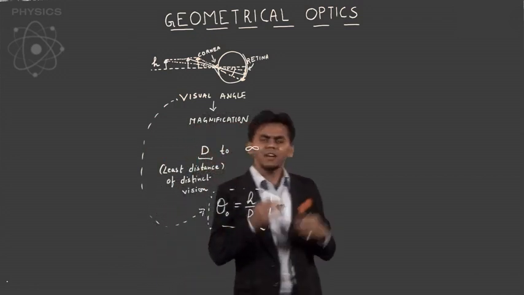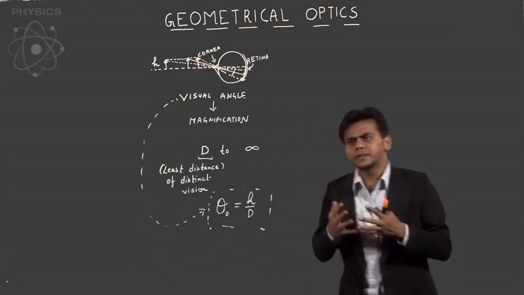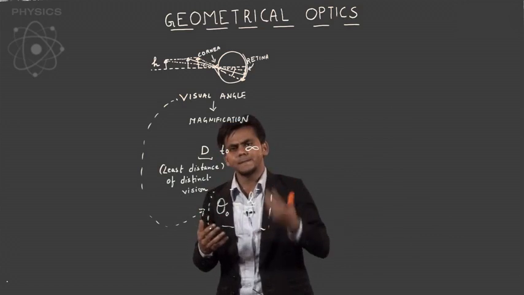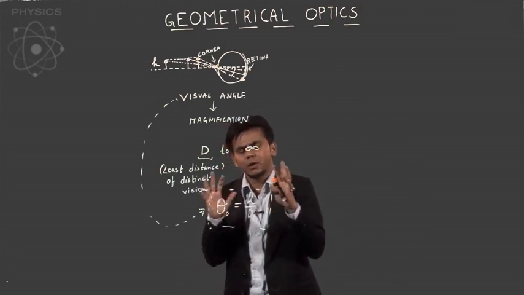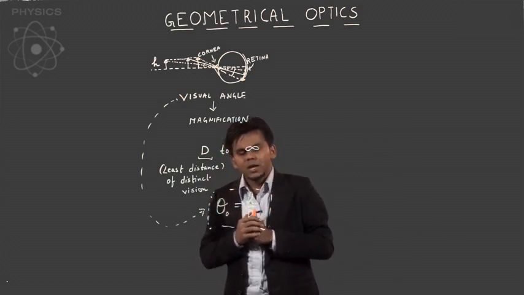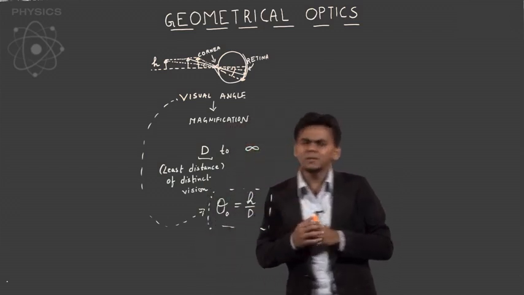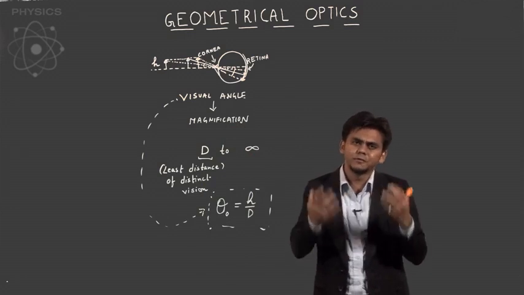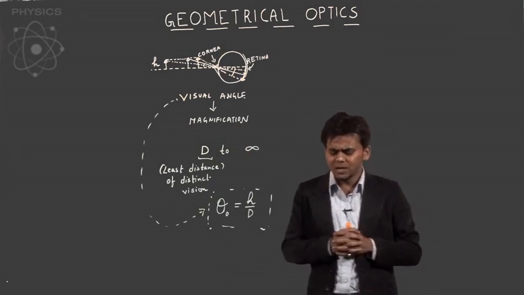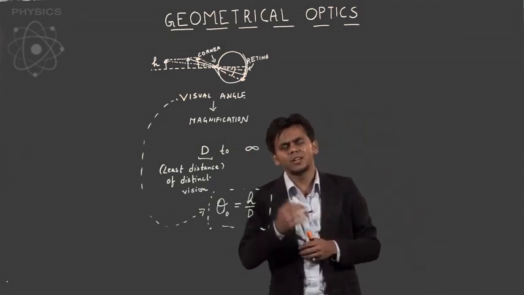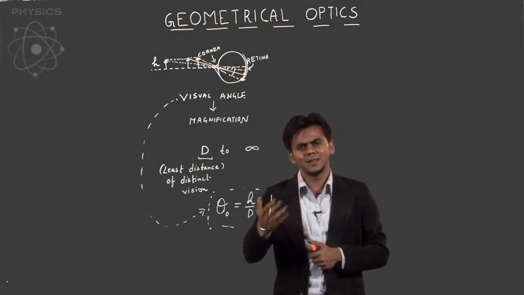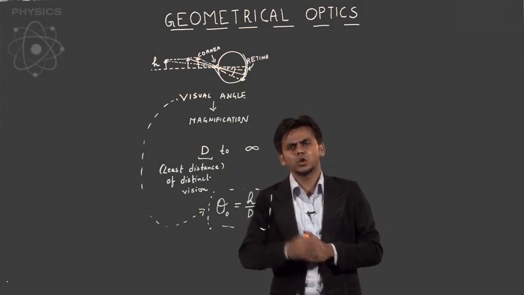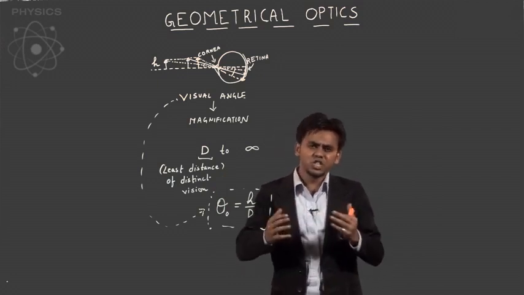Now, I have optical instruments to magnify the object's image greater than this. So let's look at one of the optical instruments, a simple microscope. A simple microscope essentially is a convex lens, or rather a converging lens. I won't say convex lens because convex essentially is about the geometry of the lens, and as we have discussed in the previous videos, the geometry of the lens has nothing to do with the converging or diverging property.